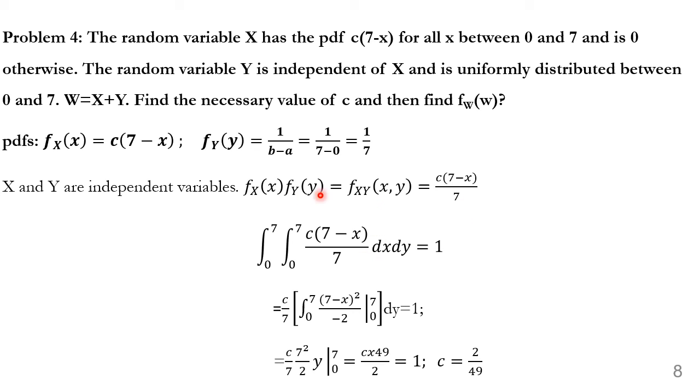So let us integrate this bivariate PDF with respect to x first, and second with respect to y, and equate it to 1. Using this formula, we can obtain the value of c, which works out to be c equal to 2 divided by 49.